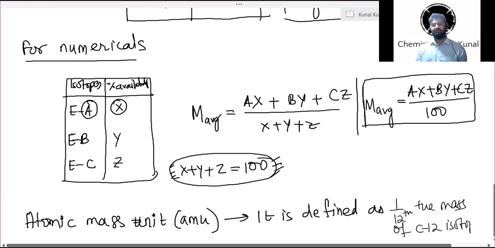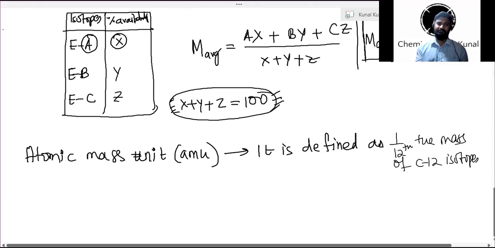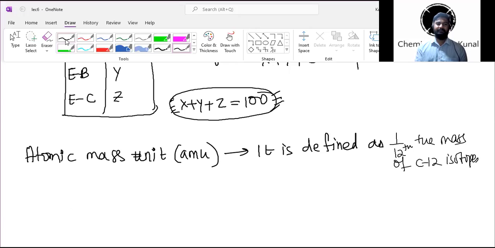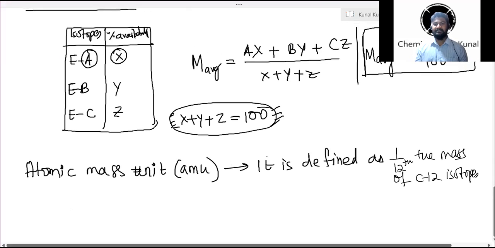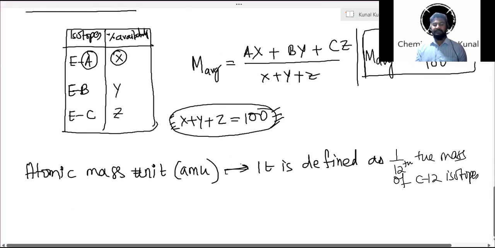Why carbon 12? There are many theories behind it. Probably it was most abundant, that's why people used it, or it's the most common one. There are many stories behind it. But for us, it doesn't really matter why carbon. It matters how it is used. That is important.